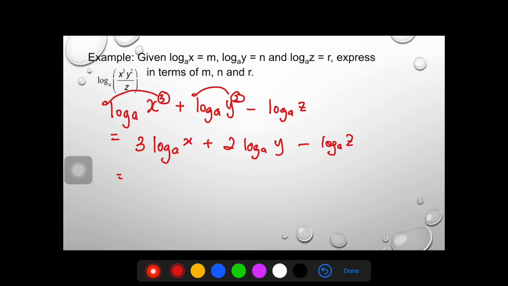So 3 log A x, 3m, plus 2 log A y, 2n, minus log A z is r. So our final answer will be 3m plus 2n minus r.